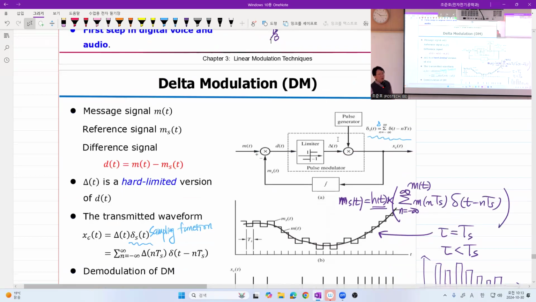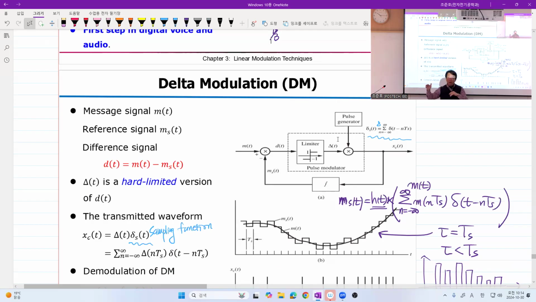And sometimes, in order to reduce the number of bits, people put more ideas in this digitalization. One of the ideas is delta modulation, an interesting idea. We take the difference between two neighboring, adjacent samples and encode the difference only.